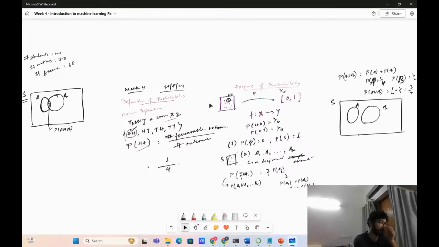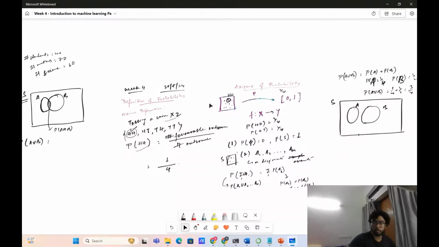Right now we are just using addition, adding up P of A plus P of B and calculating the total probability, considering that A and B are disjoint. But here, as I said, the events are not disjoint. So how will you calculate P of A union B, right? That is the question.